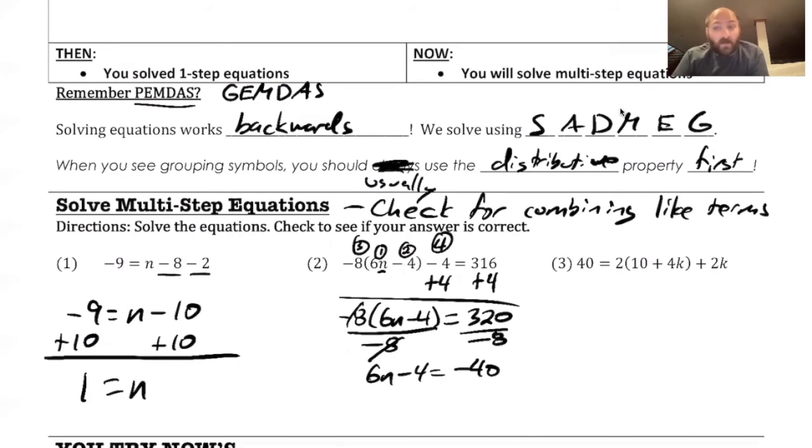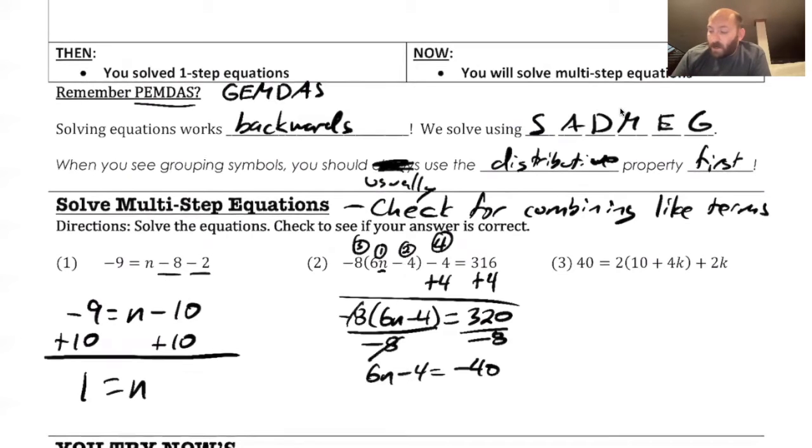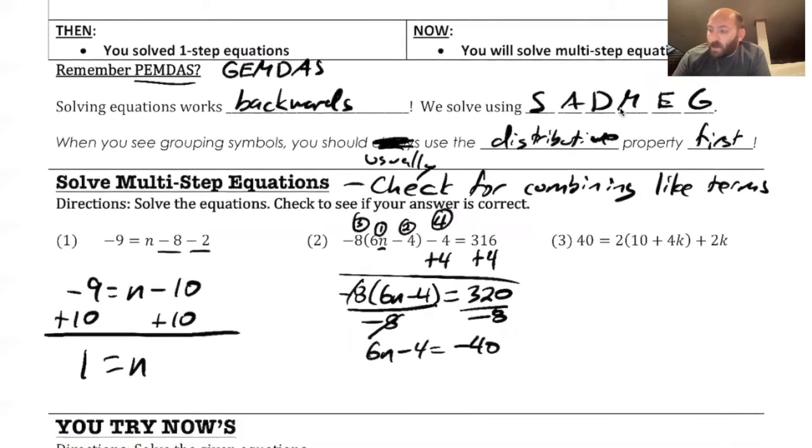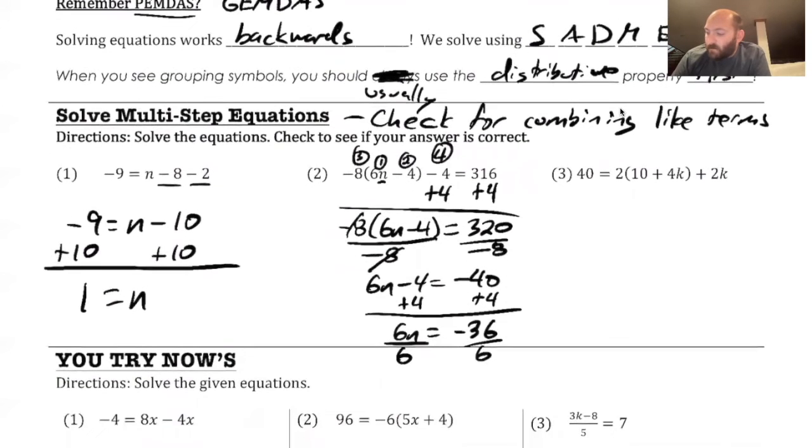Now it looks like some of our previous problems. We've got 2 steps here to get rid of. We're going to get rid of the subtraction before getting rid of the multiplication. So I can add 4 to both sides. That's 6n is equal to -36. And then my final step is to divide by 6. I'm running out of space, but that's fine. It's nice about digital, I just keep adding more space in.